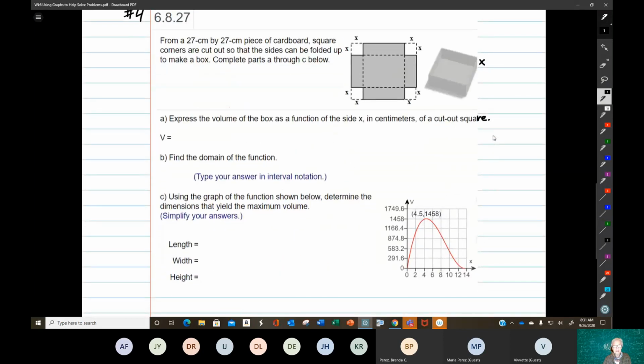Similar problem, but this time we're dealing with volume, so we're going to be in 3 dimensions. You have a 27 centimeter by 27 centimeter piece of cardboard. So 27 by 27. Let's even mark that. And we'll just say 27 for all us Americans who grew up with inches and feet.